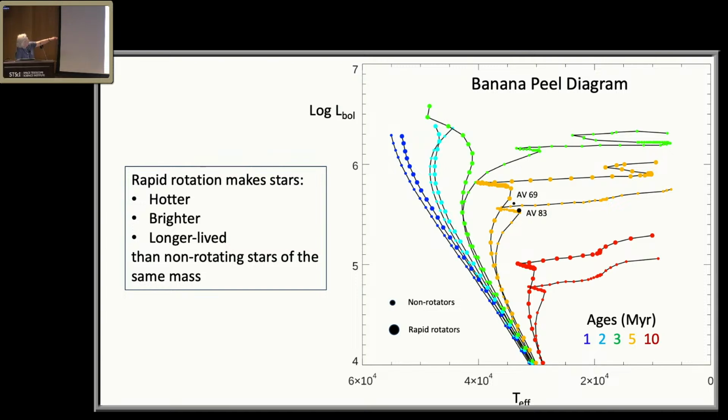And so to match AV83 onto the proper isochrone, we'll have to go and choose an older age, and that's where the isochrones from Geneva come in. You can just go and say, instead of 5, how about 6 million years for 83? And better yet is 7 million years.